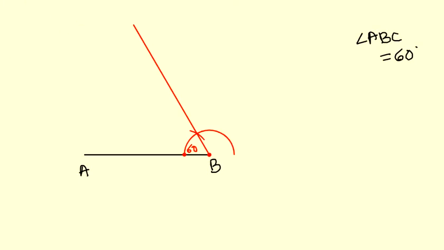Now this is your A, B and C. Now we have to bisect this angle ABC because it is given in the question, draw the bisector of angle ABC.